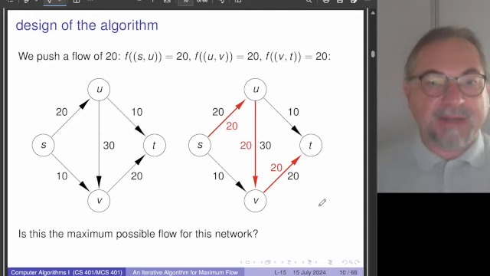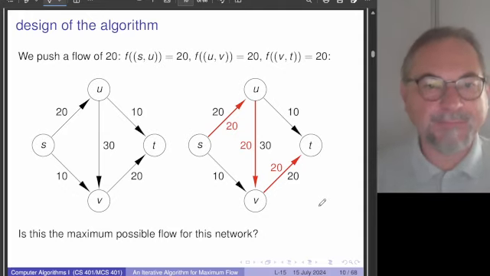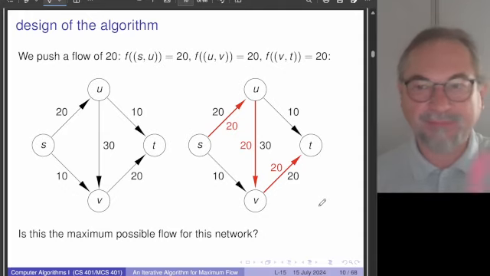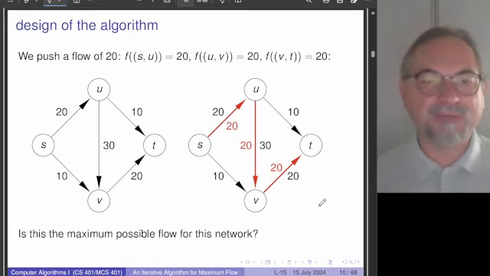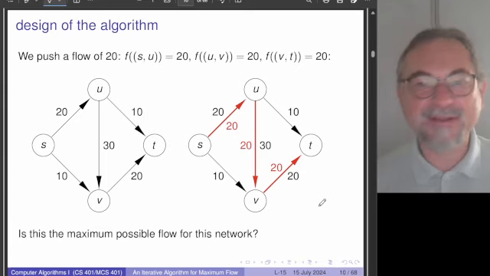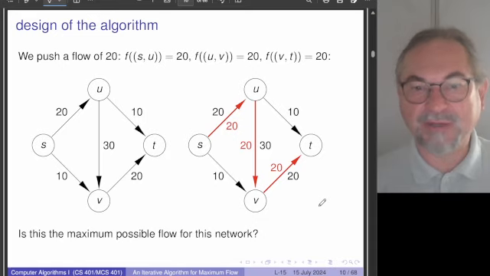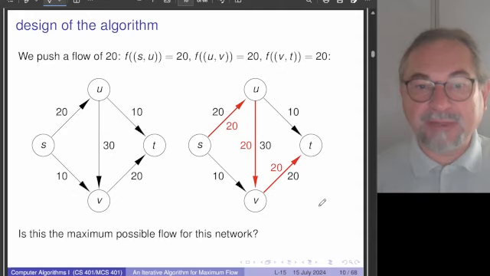We have at the left a network, and we look at a path from the source to the sink, and you can see we are still a little bit in the mood of greedy algorithms. You have two directions going from the source to the sink. Let's take the direction that has the maximum flow, that passes from S to U, from U to V, and then from V to the sink. That means that we can impose a flow of 20.